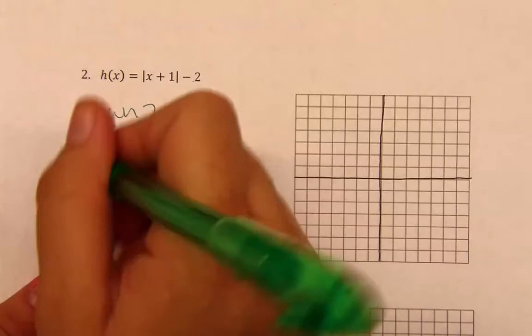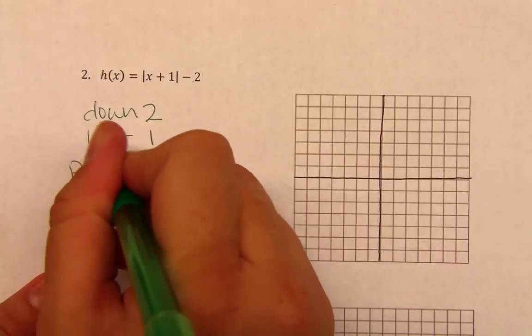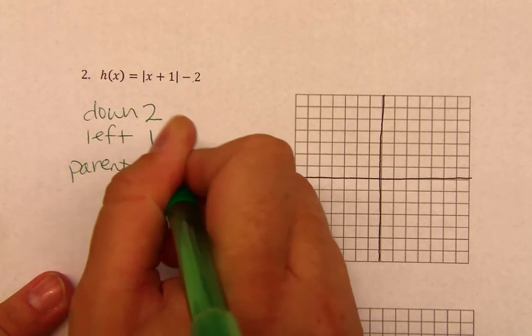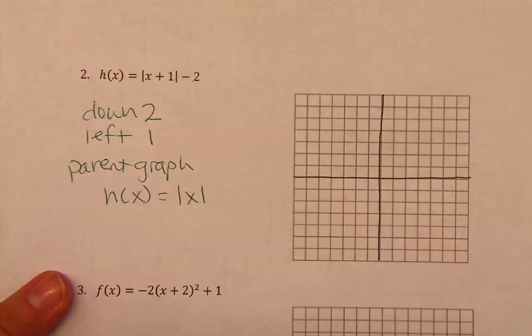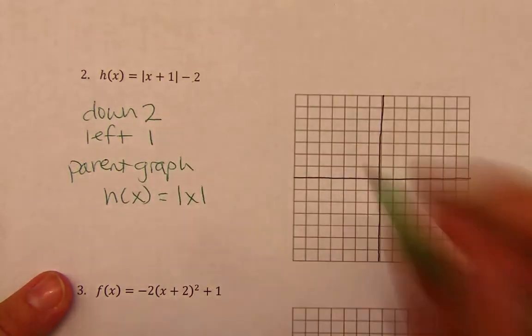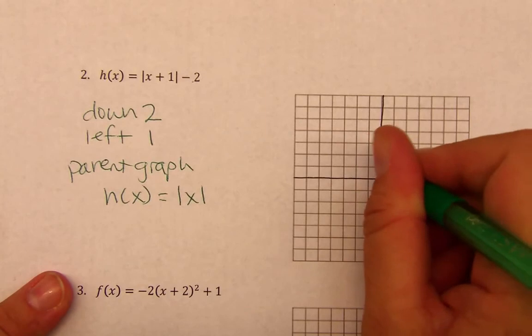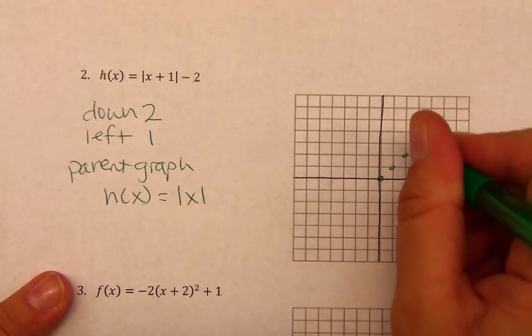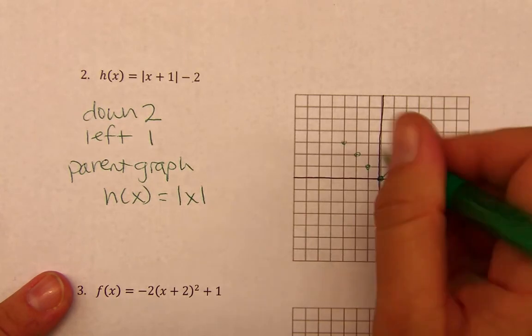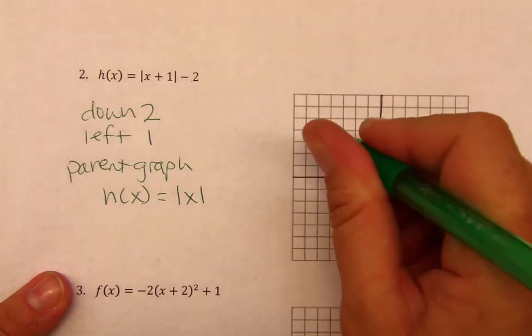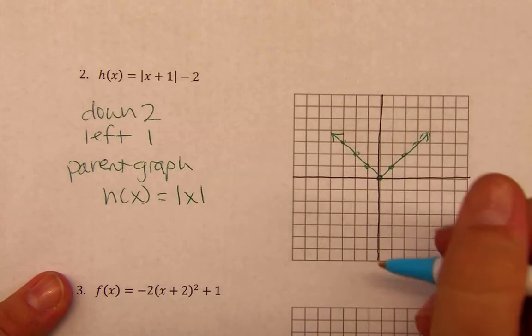Okay, and our parent graph is h of x is equal to the absolute value of x. So I can graph that parent graph here, and I'll go ahead and do that in green. And I should see this kind of detail on your homework or on a test or a quiz.